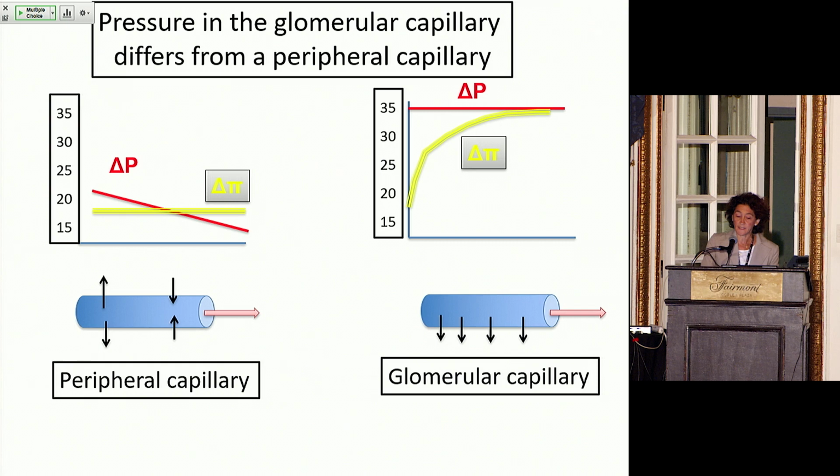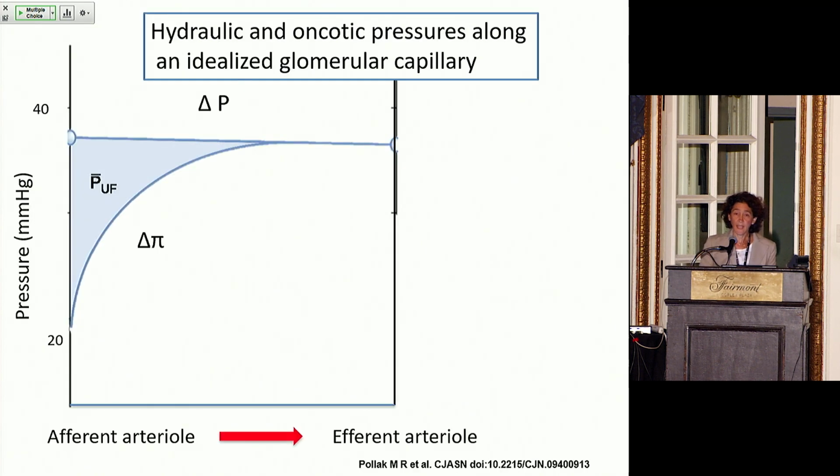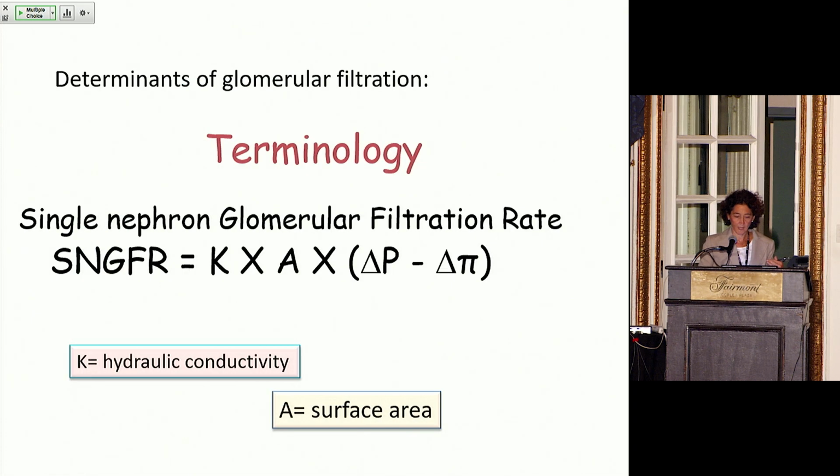And as the pressure is the same, the oncotic pressure rises dramatically as you go along the capillary so that they can have filtration. And this is an idealized image of the glomerular capillary, again with the change in pressure being very little and the change in oncotic pressure rising as there's filtration along that.